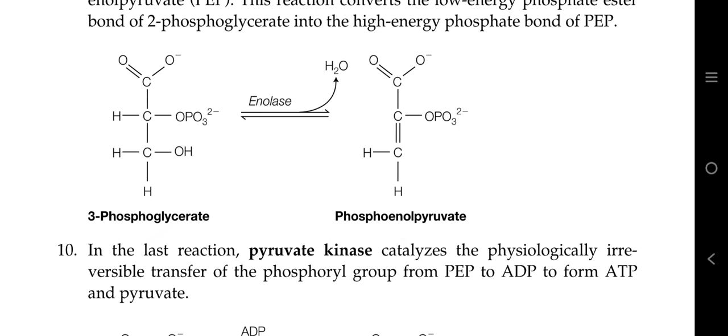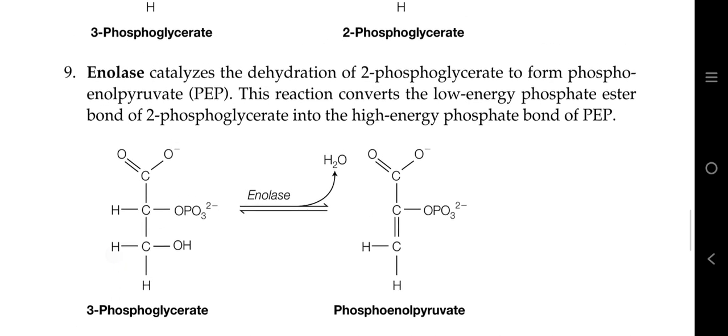This is the enol functional group, or enol component of this molecule. So enol is a functional group in which the carbon-carbon double bond is linked to a hydroxyl group.